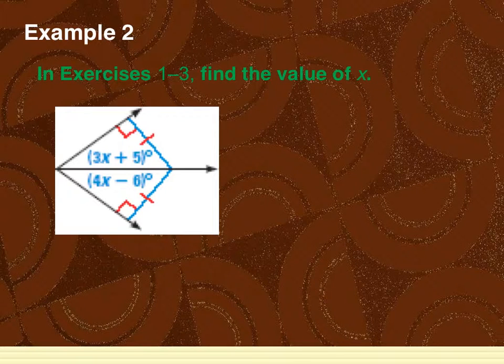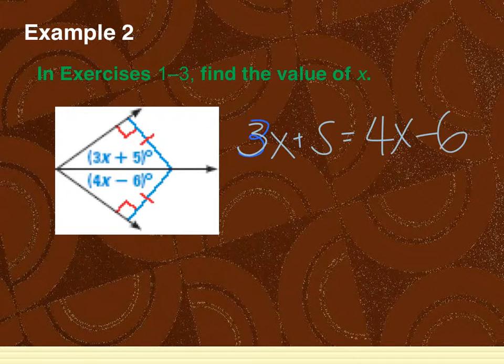So if a point on a line, or in this case a ray, is equidistant from the sides of the triangle, then what's true about that ray? It bisects that angle, which tells you they're equal. So 3x plus 5 is equal to 4x minus 6. And then subtract the 3 and add the 6.